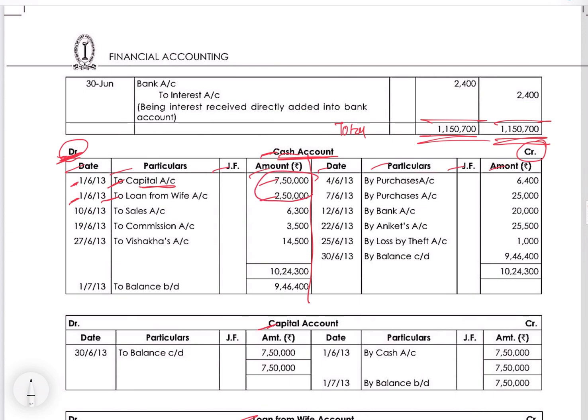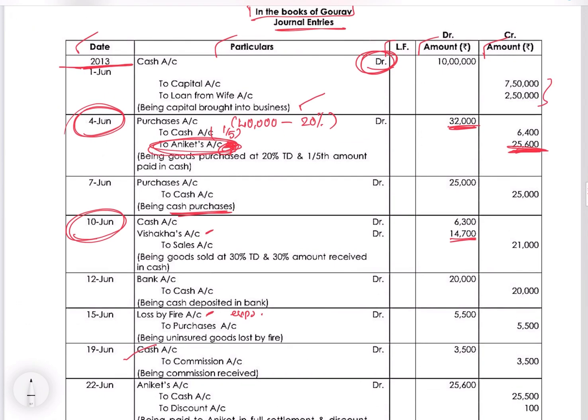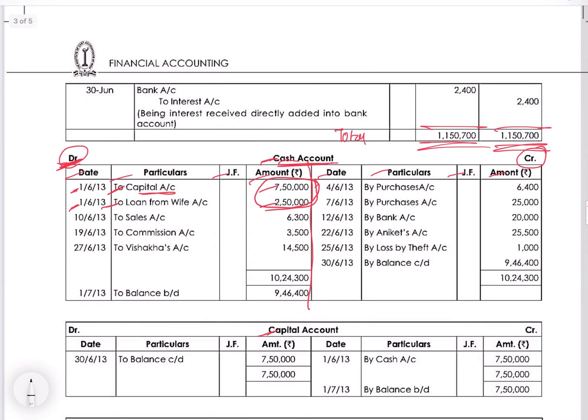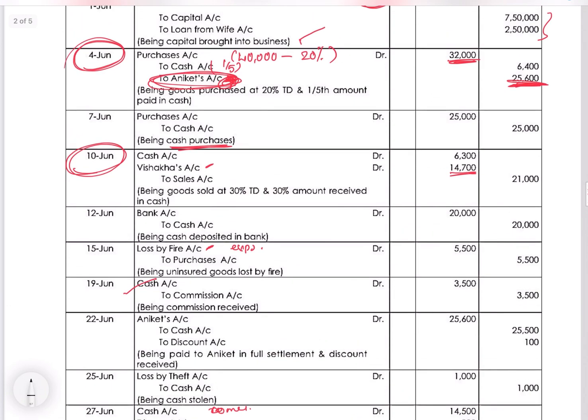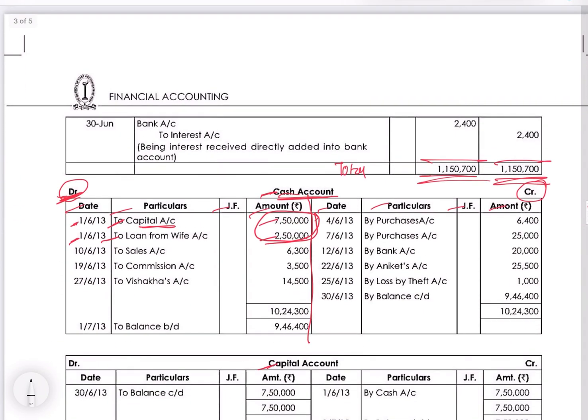But the breakup I have to write, what is on the other side. We debit the full 10 lakhs, but with the breakup: one is to capital account and one is to loan from wife.